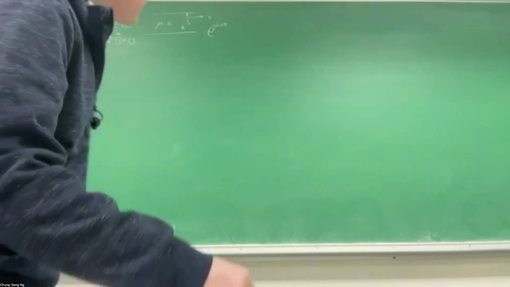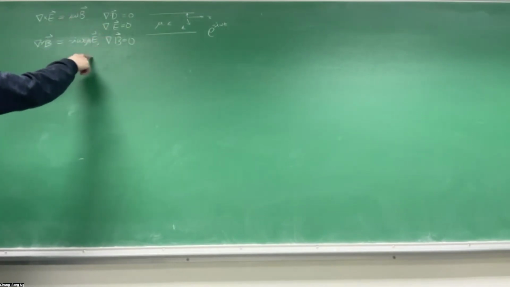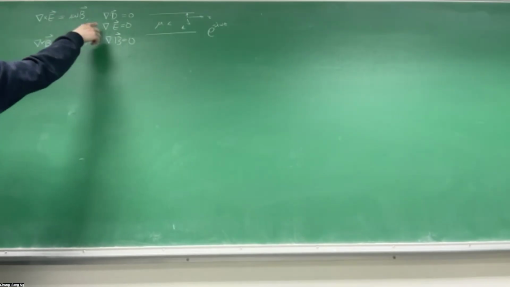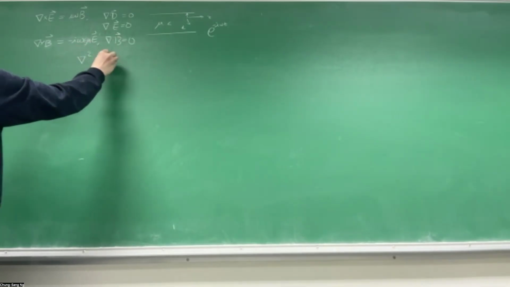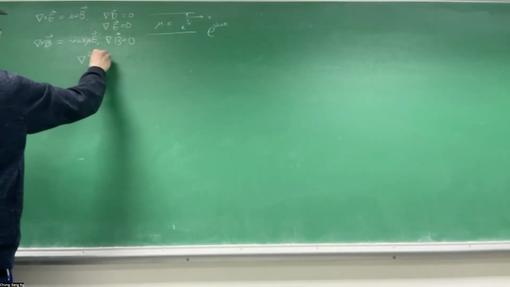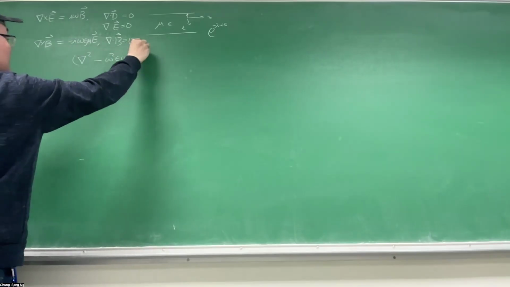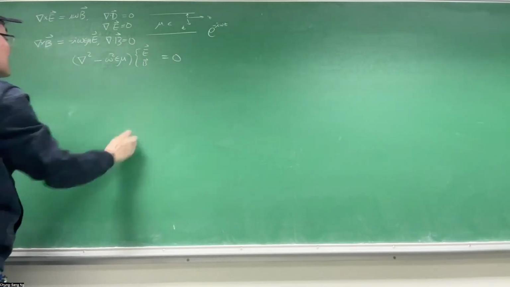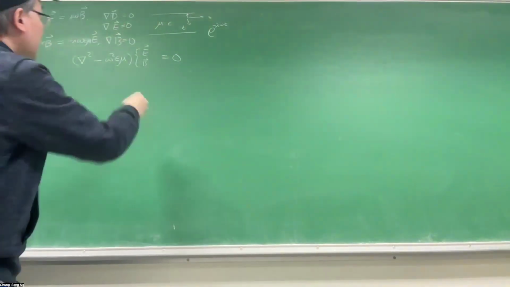The wave equation, of course, we already derived in section 7 from this set of equations. The equation is the Laplacian plus omega squared epsilon mu, operating on either E or B. All the components of E and B satisfy this.